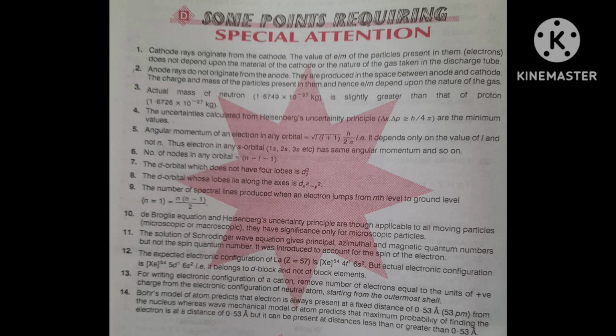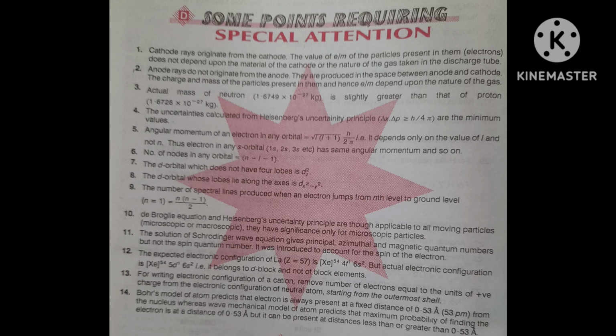Both are in 10^-27, both neutron and proton. Neutron also 1.67, proton also 1.67, but the last two digits differ.